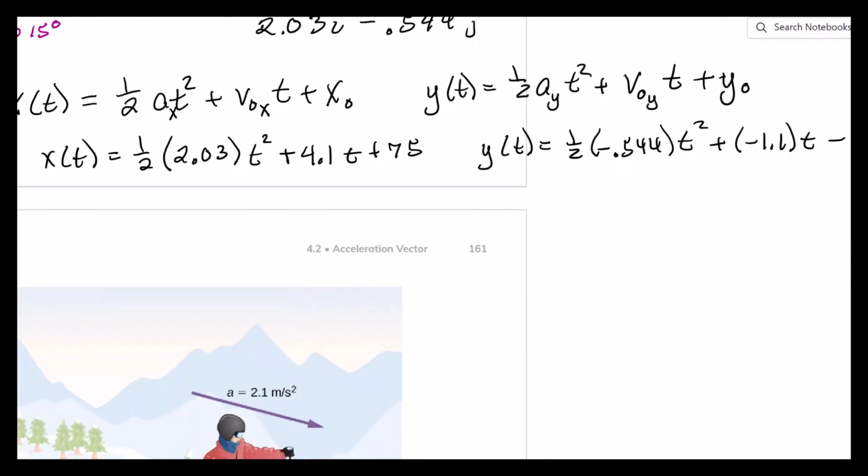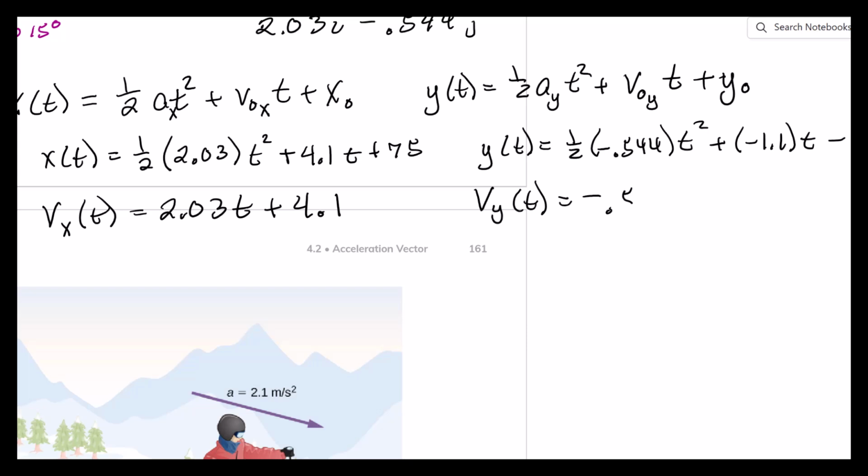If I wanted to get the velocities as a function of time, the velocity of x as a function of t would just be 2.03 t plus 4.1. The velocity of y as a function of t, taking the derivative, is negative 0.544 t minus 1.1.